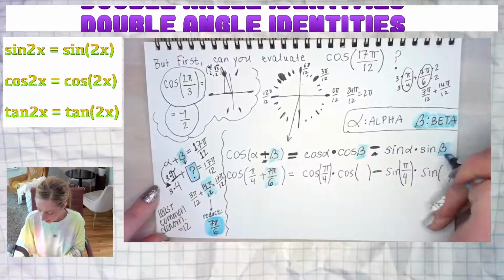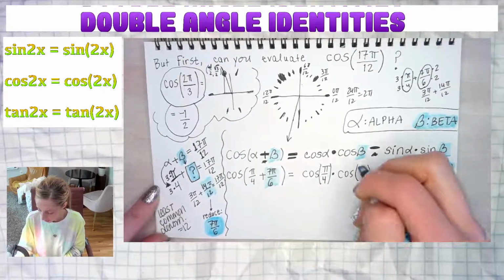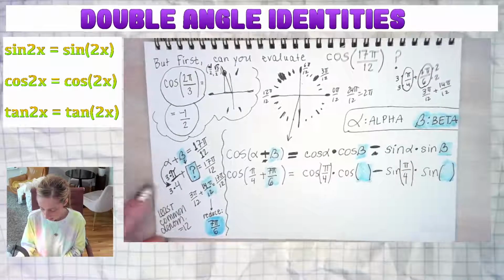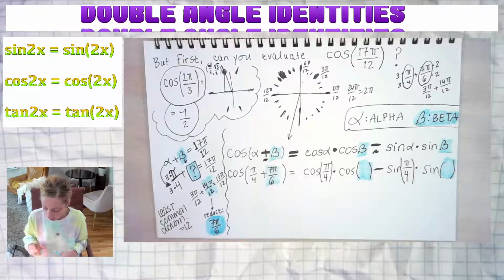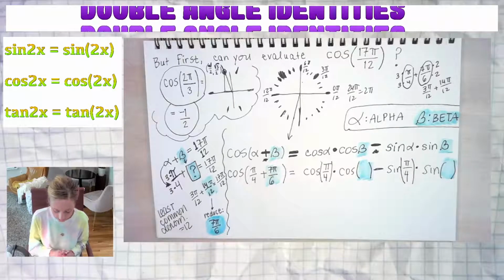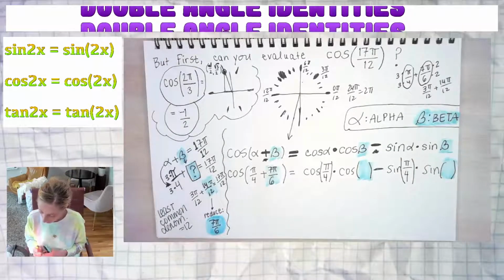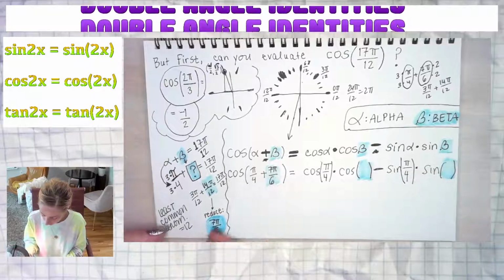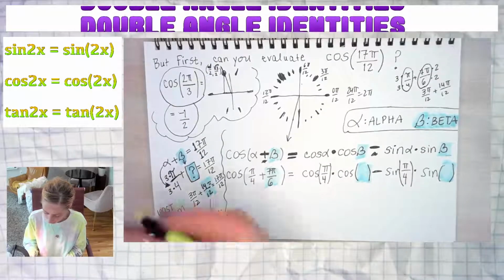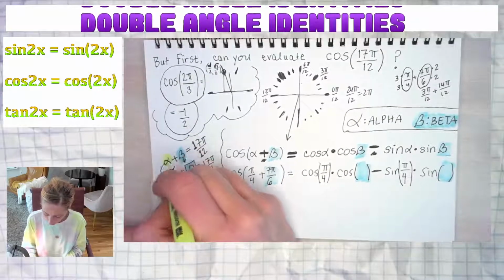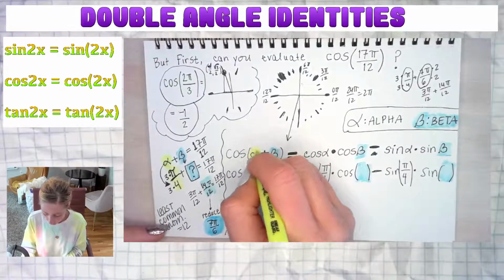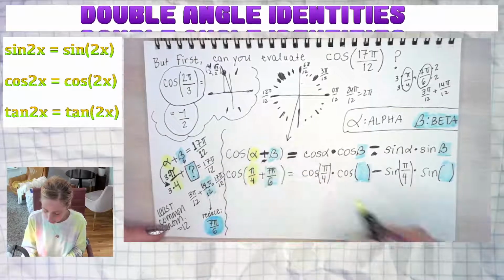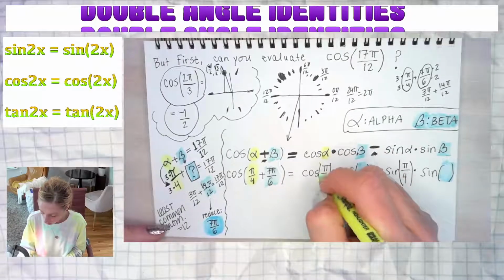Everywhere I have a beta, I'm filling in 7 pi over 6 because I'm following the formula from the angle sum and difference identities. So everywhere I have a beta, I fill in 7 pi over 6. That's all highlighted in blue. The yellow alpha is pi over 4 because that was a trick I gave you to make your life easier. You'll always let alpha equal pi over 4.